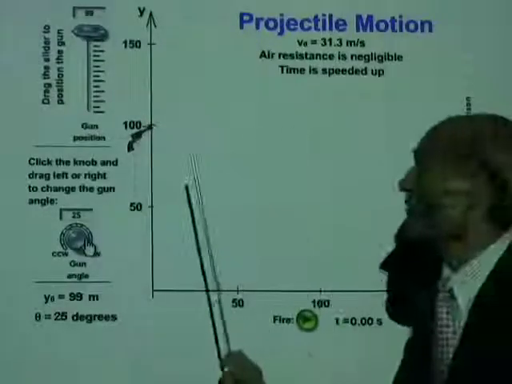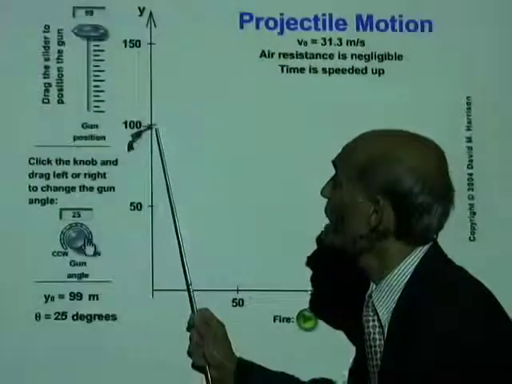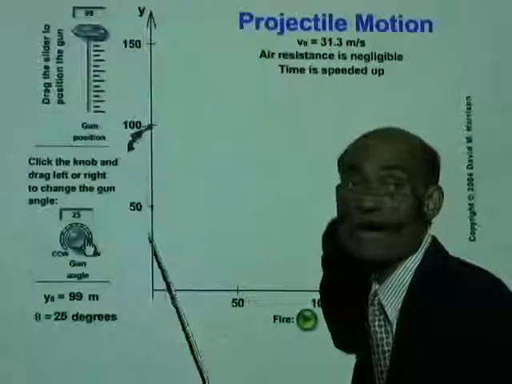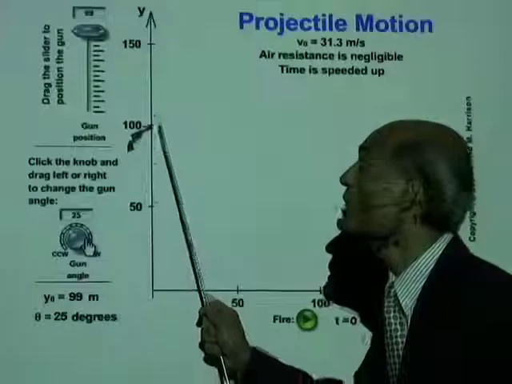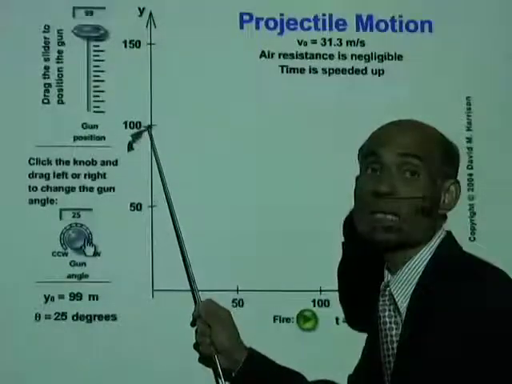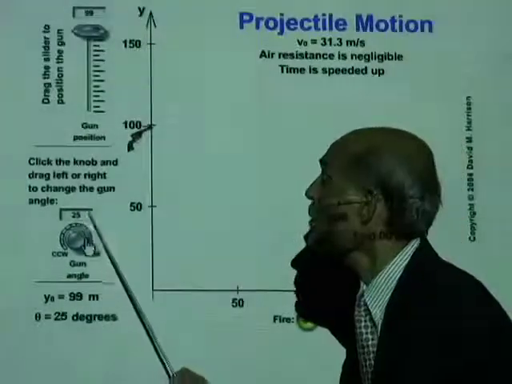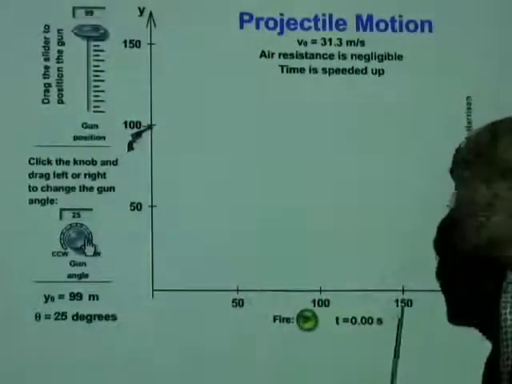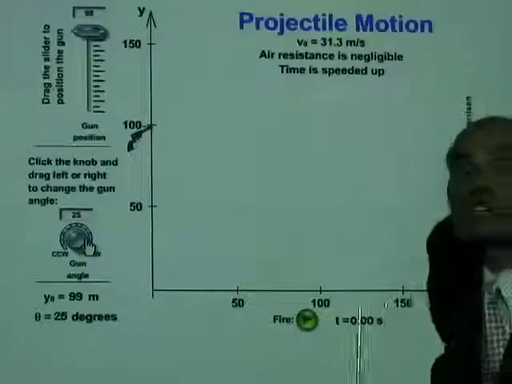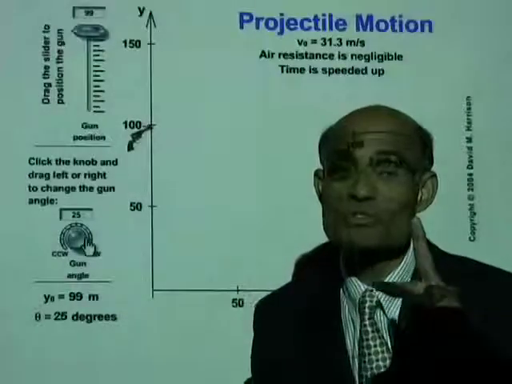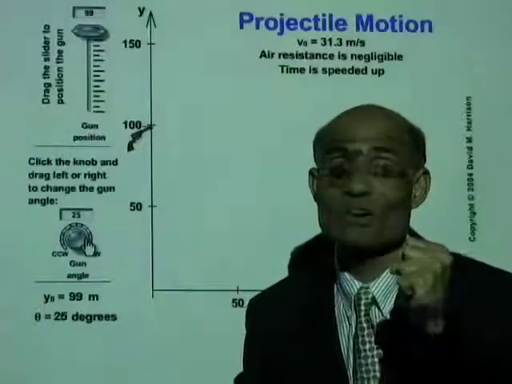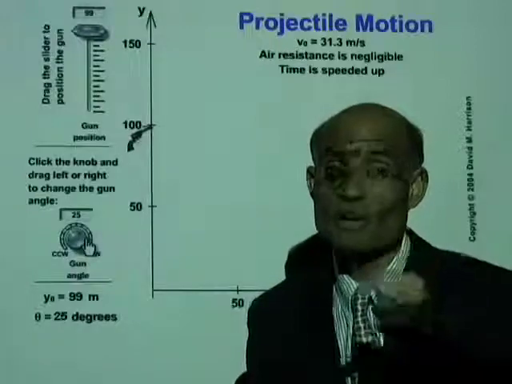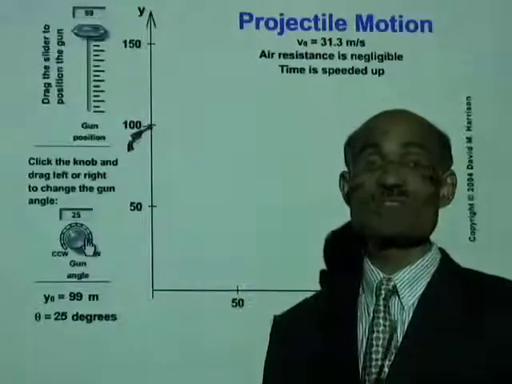So, what do we have? We have a projectile projected from a height y0 equal to 100 meter at an angle of 25 degrees, and you have calculated the velocity of projection. Have you? I'll give you two values to calculate the horizontal velocity. I hope you have calculated and that value is with you.